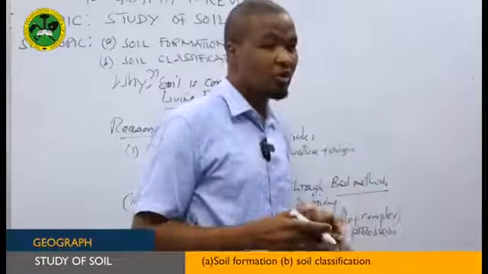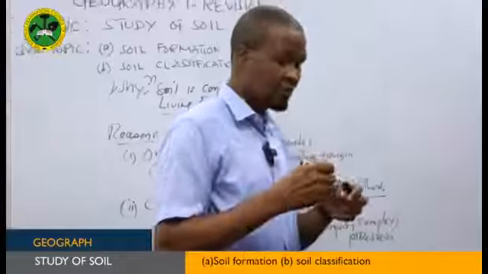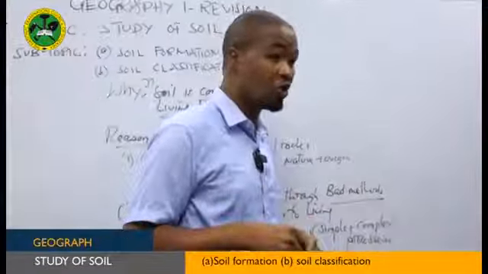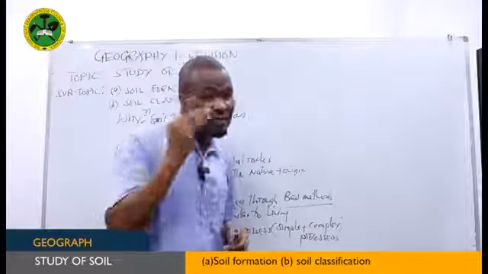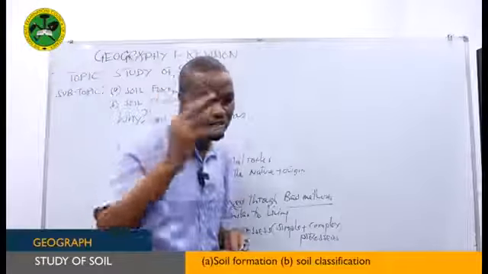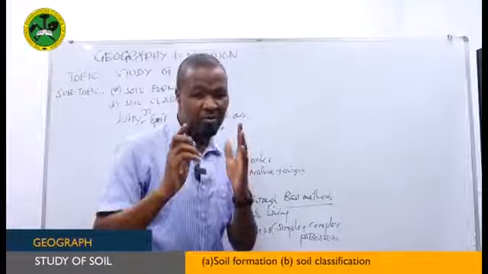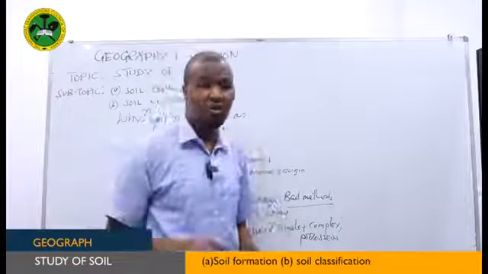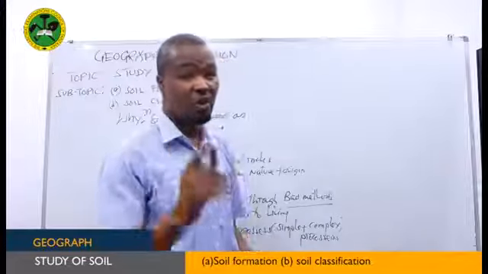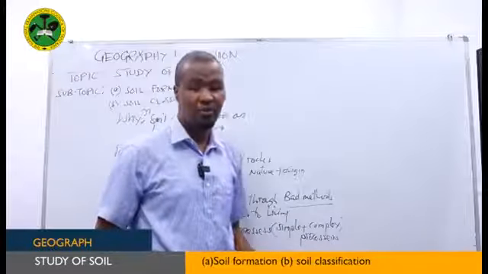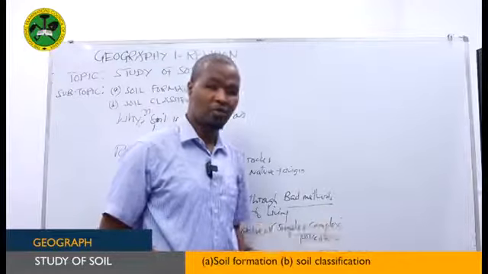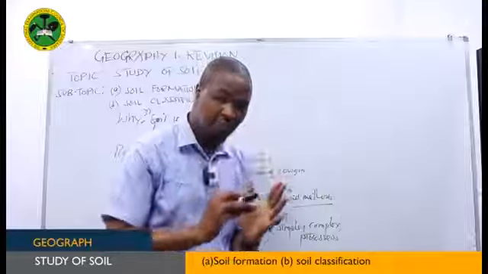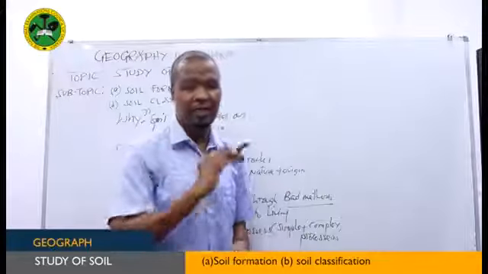Because soil passes from one process to another process, it means in this way it is similar to a living organism. We know a living organism comes from a simple process to a complex one. You see, from the beginning to where someone can call you a man. So you started from the initial point to where you are today. So it is similar to soil. Soil is created from what? From the parent rock, and it passes through simple to complex processes, similar to a living organism.